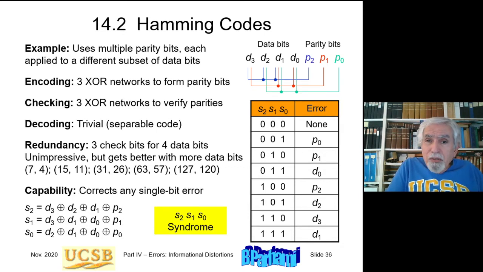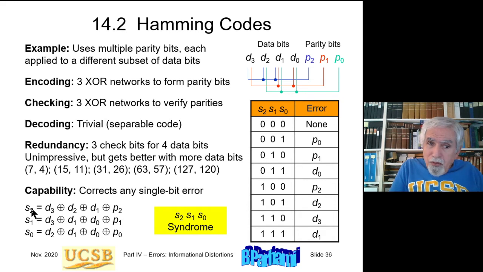Now, once you receive a data word like this, a 7-bit data word, and you're trying to find out whether it contains an error that needs to be corrected, you form what are known as syndromes. The syndrome has 3 bits in this example. That's basically the 3 parity checks.